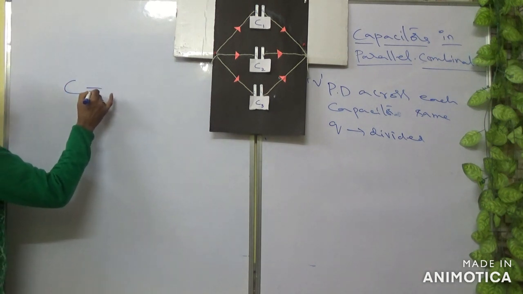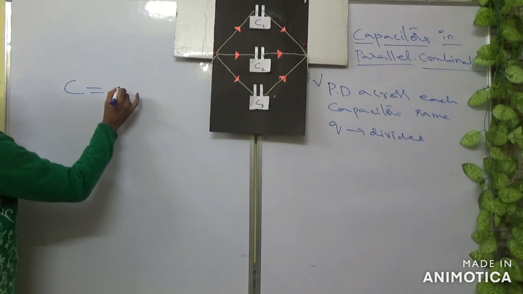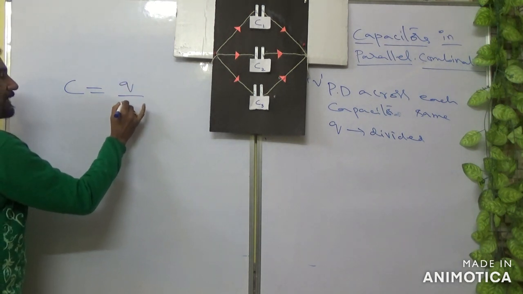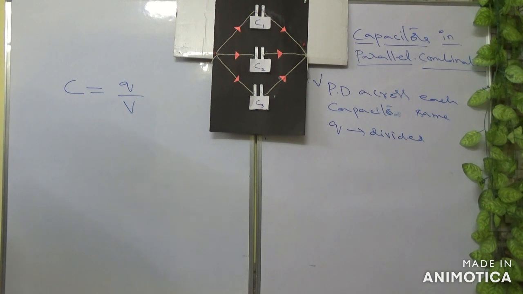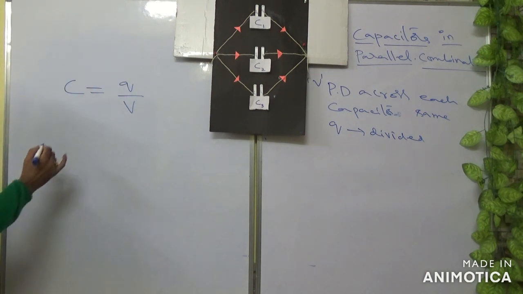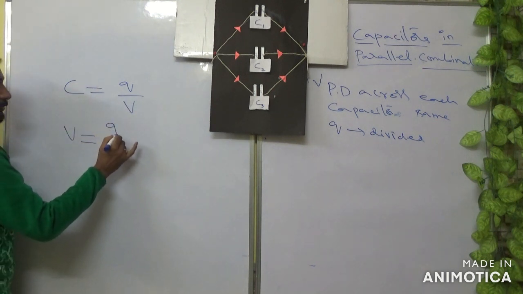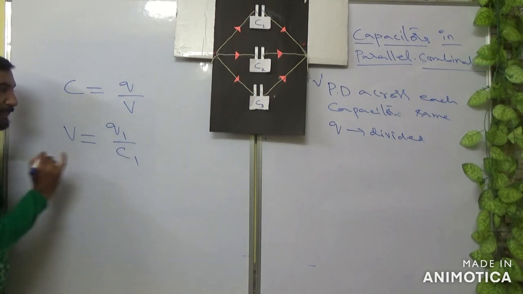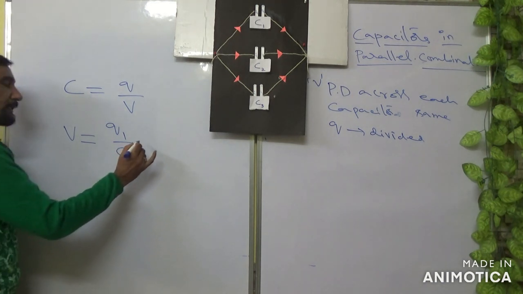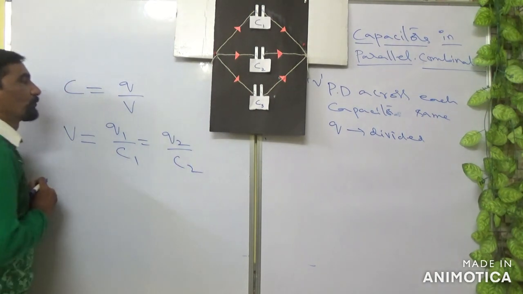C is equal to Q by V. Now, V same now, so Q1 by C1, right? Or it can be taken as Q2 by C2.